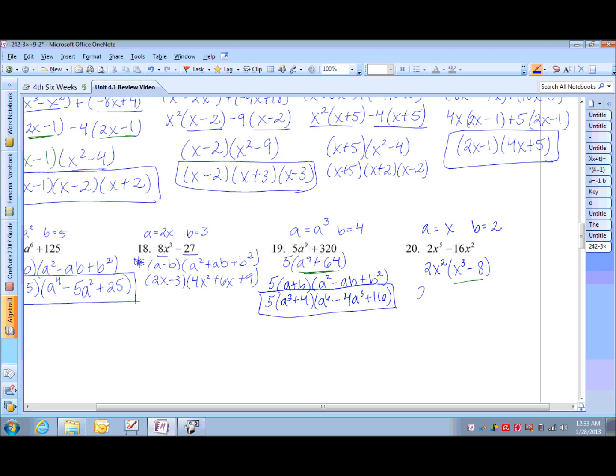So we bring down the 2x squared, and we're going to use the difference of perfect cubes factoring formula, which is a minus b times a squared plus ab plus b squared. So we just plug in from this point: 2x squared, our a value is x, minus 2, which is our b value, times a squared, which is x squared, plus ab, which is 2x, plus b squared, which is 4. And that is your final answer.